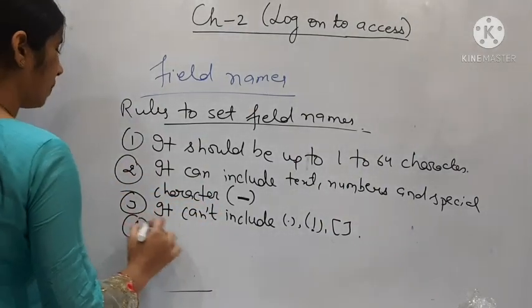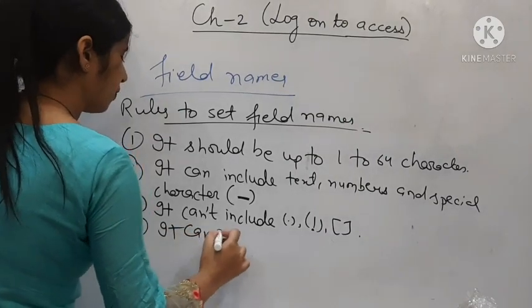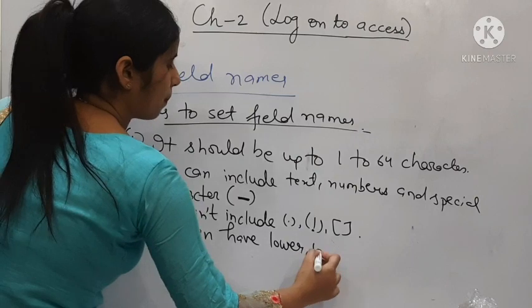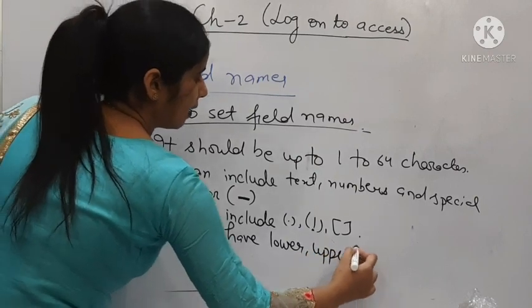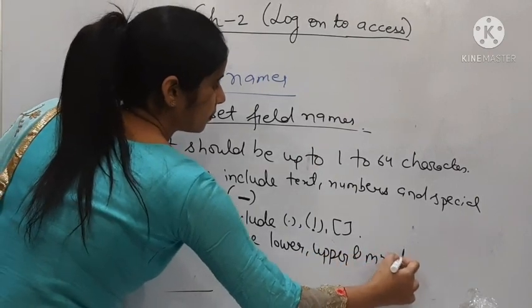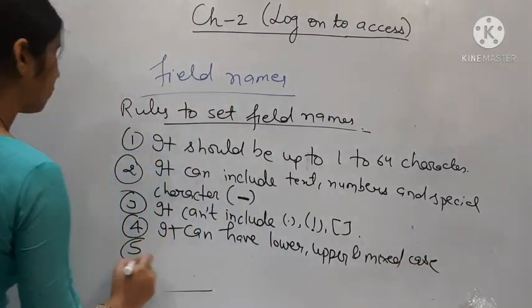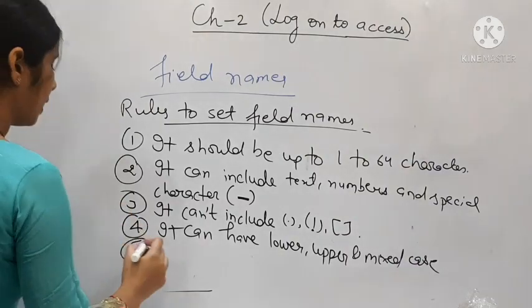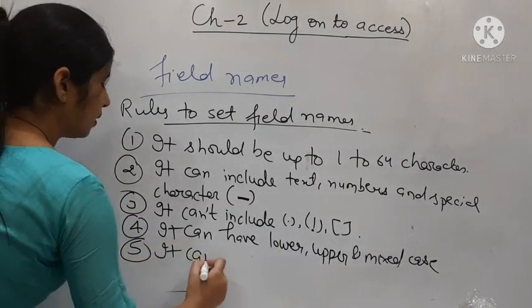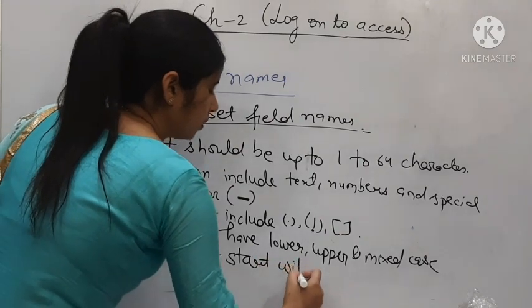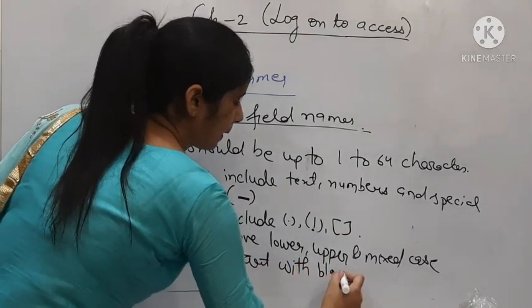What is the fourth one? It can have lower, upper and mixed case. Okay. What is the fifth one? The fifth one is, it can't start with blank space.